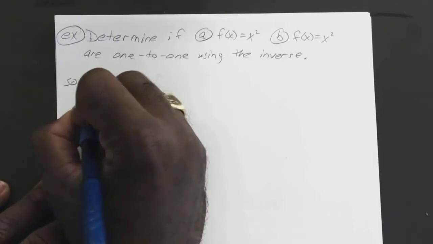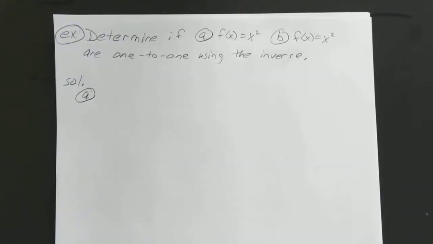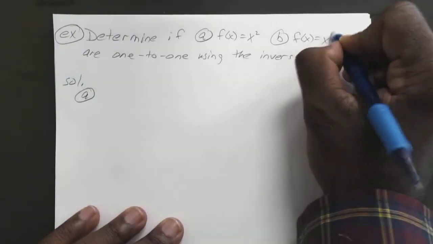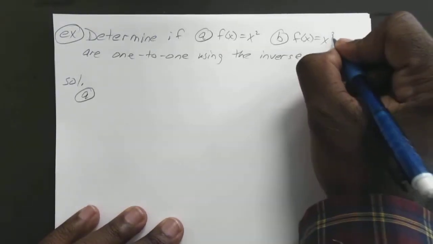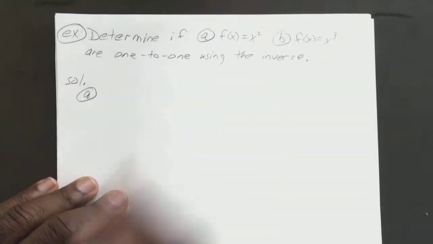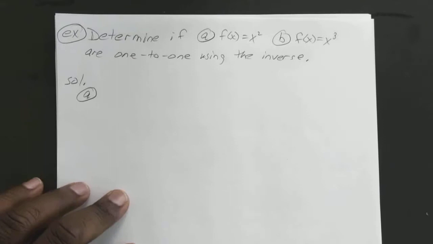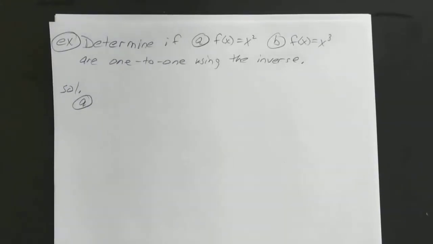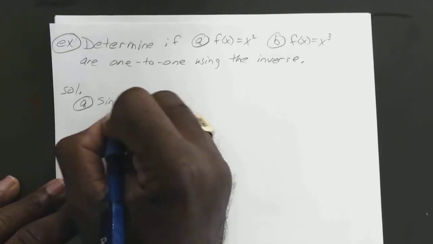So for a, whenever you have, oh, not x squared, sorry, that should have been x cubed. Okay. So for a, we know whenever you have an x squared, it's automatically not 1 to 1, because you can have a positive and negative number give you the same y value.